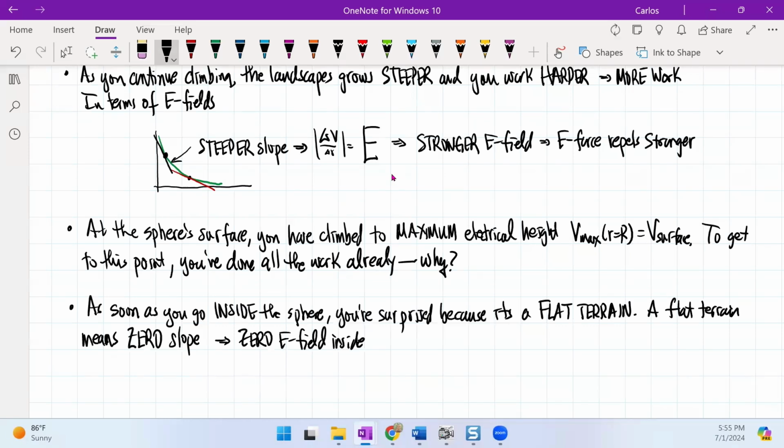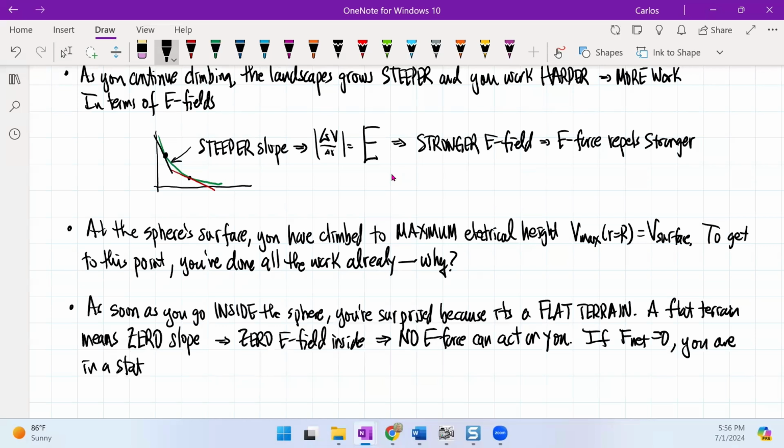inside. But if you have zero electric field, that means no electric force can act on you. So if F net is equal to 0, you are in a state of force-free motion.